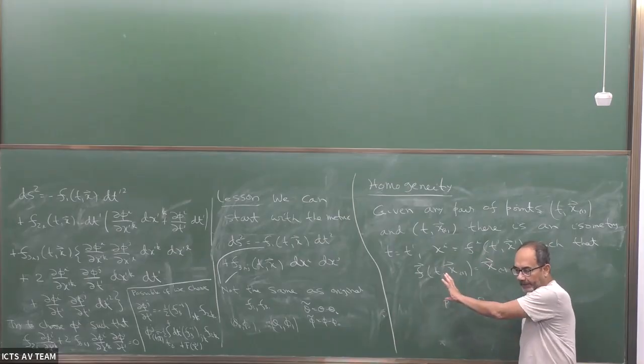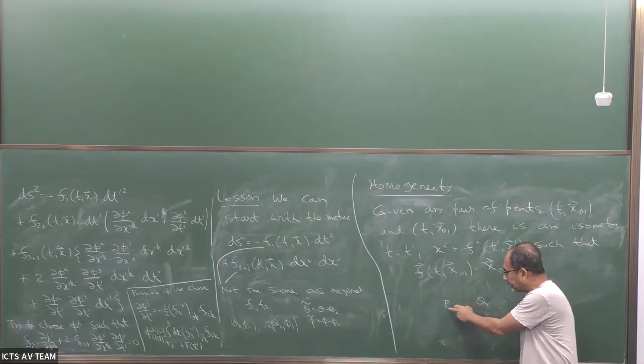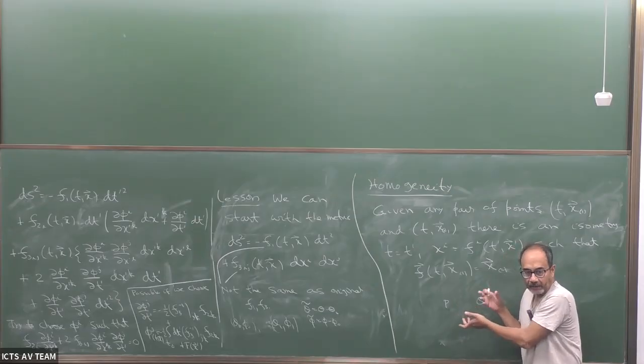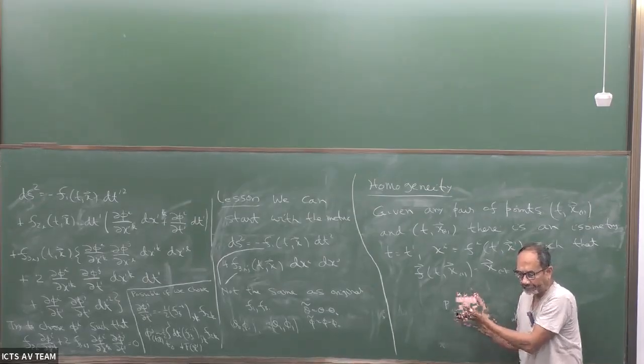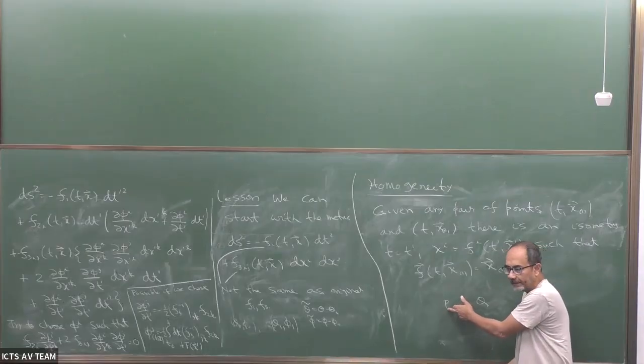Now you make this isometry. In this new coordinate system, this point, the same point P, appears to have coordinate x2, and the functional form of the metric remains the same. So the functional form of the metric around P in this new coordinate system looks like what the functional form was in the old coordinate system around Q.